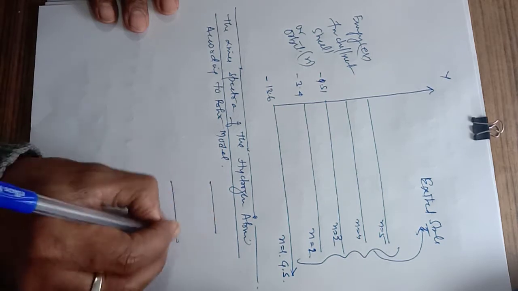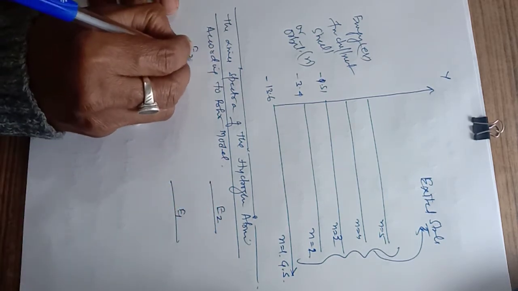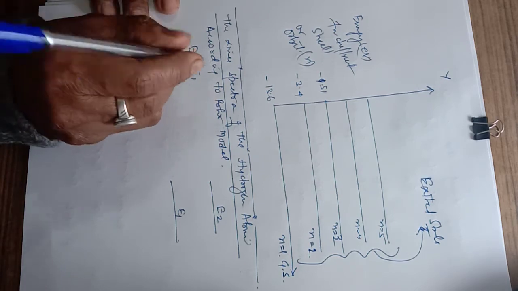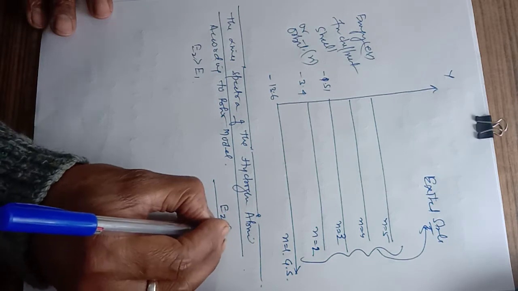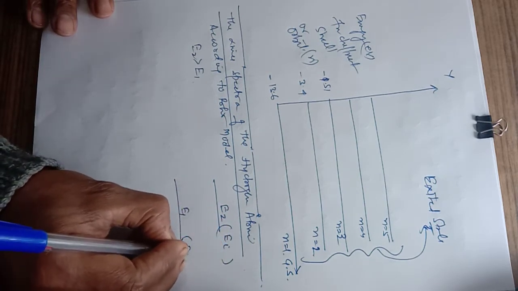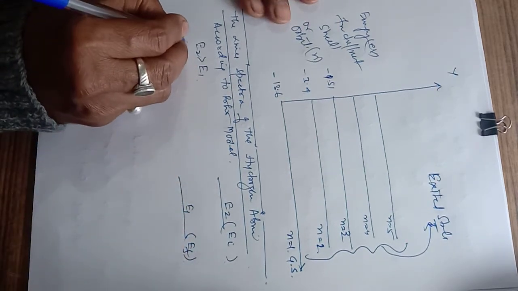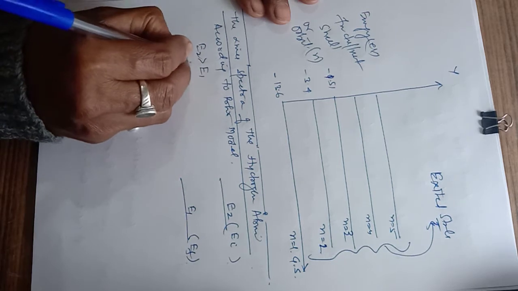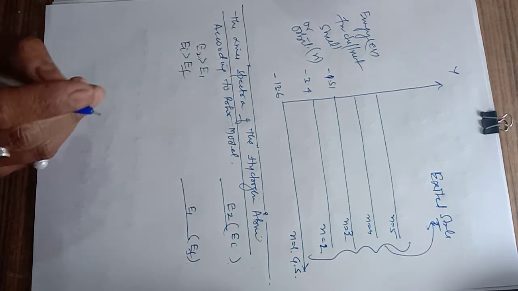the electron goes from the E2 level to E1, where E2 is greater than E1, we say that it is I or it is F. It is the initial, it is the final, where Ei is greater than Ef. Either 2-1 or other, anything we can take.